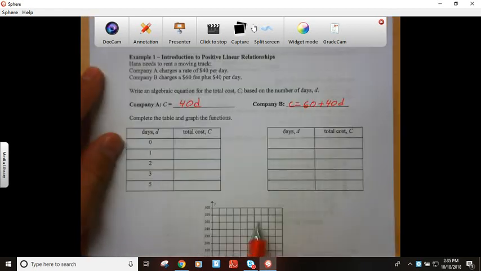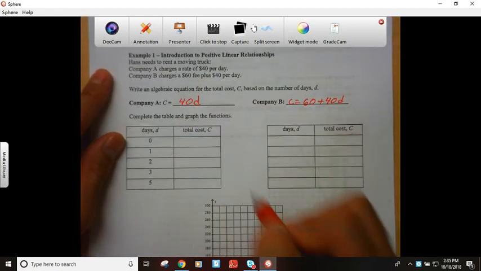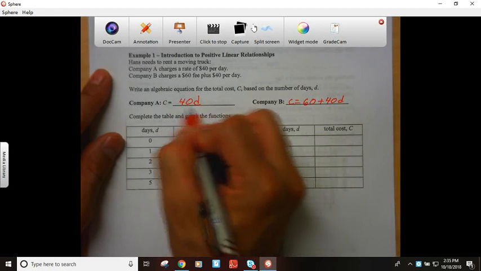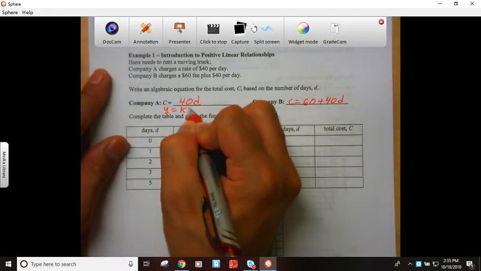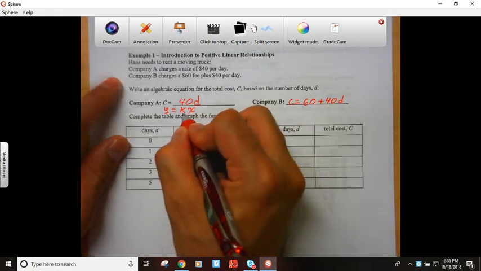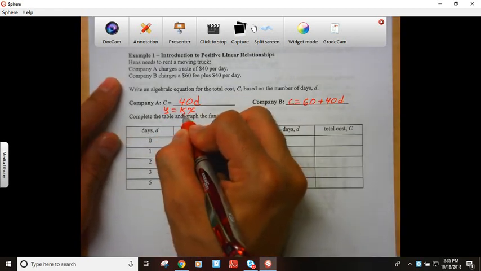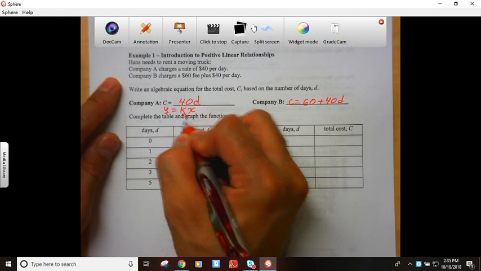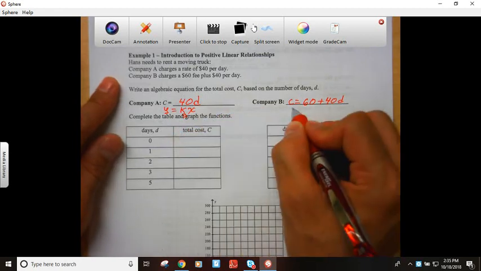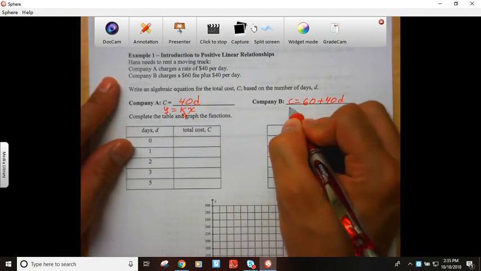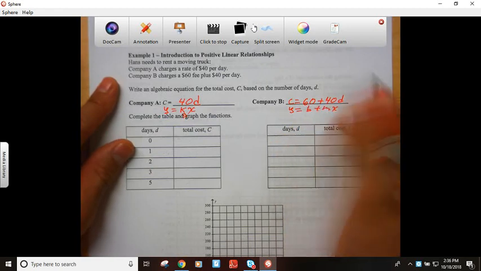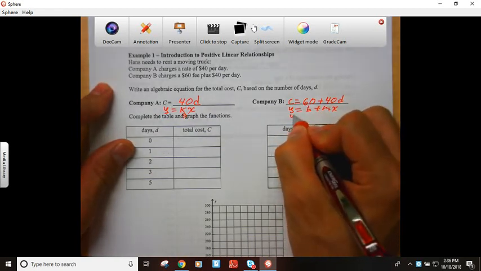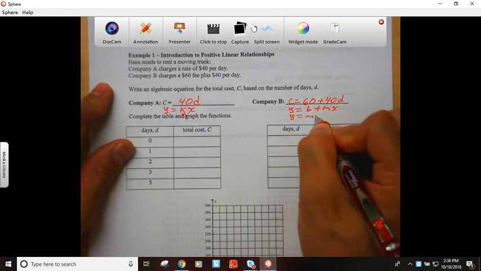All right, so when we look at our two different situations, this one is in the format of y equals kx, where if you remember, k is our constant of variation. This one is in the format of y equals b plus mx, or the way we are used to seeing it, y equals mx plus b.